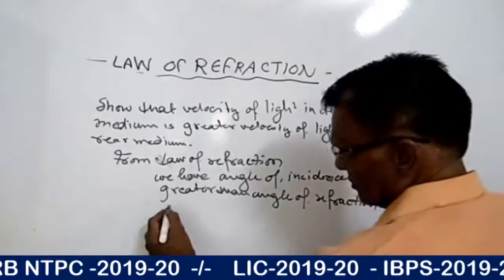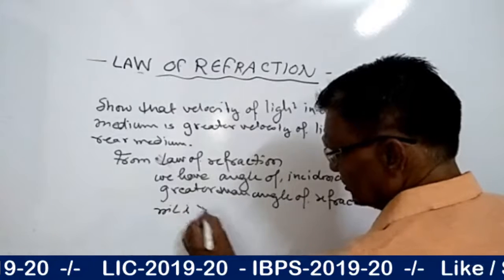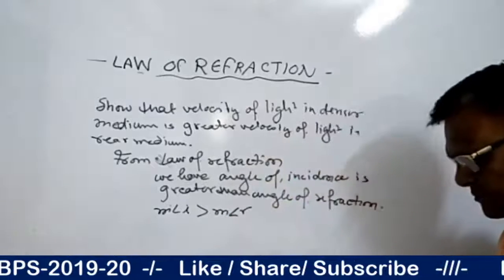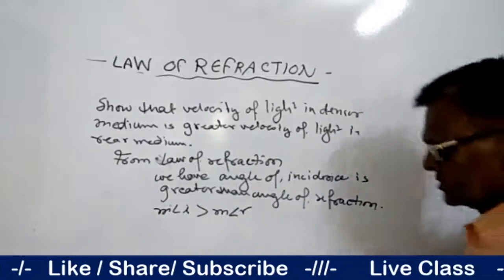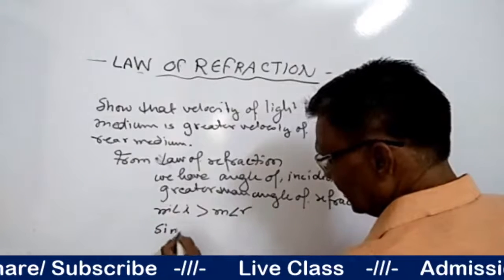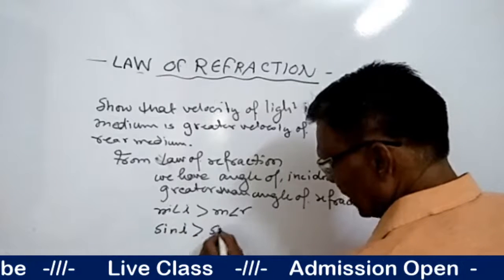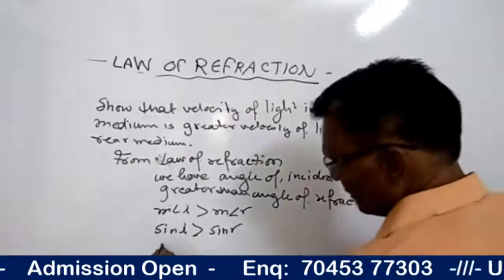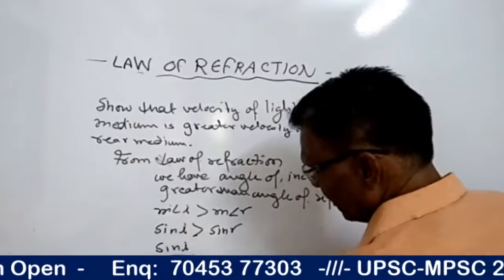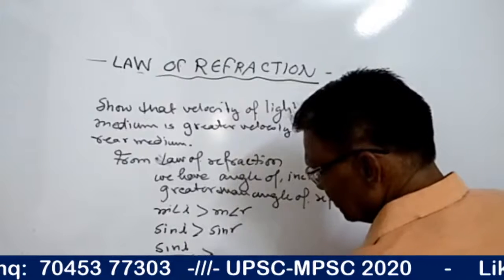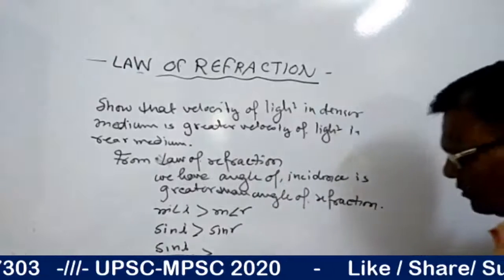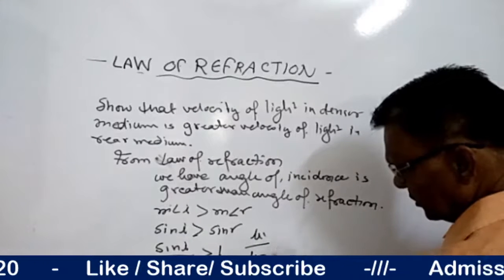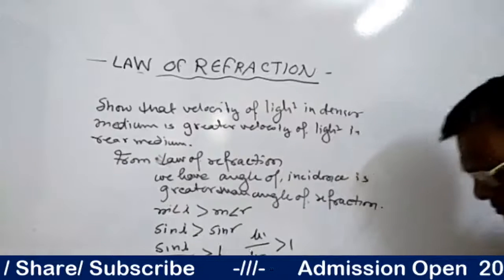Hence, angle i is greater than angle r. Therefore, sin i is greater than sin r. Finally, sin i upon sin r greater than 1 and mu1 by mu2 is also greater than 1.